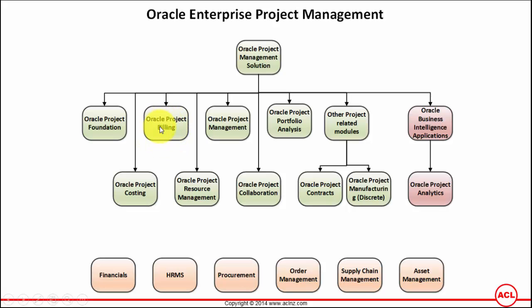So billing is nothing but invoicing to the customer against a funding agreement, and the customer paying for those invoices in the form of payments, and then you reconcile those payments against the invoices, reducing the open balance of the invoices. So billing works in integration with project costing and the Oracle Receivables module.